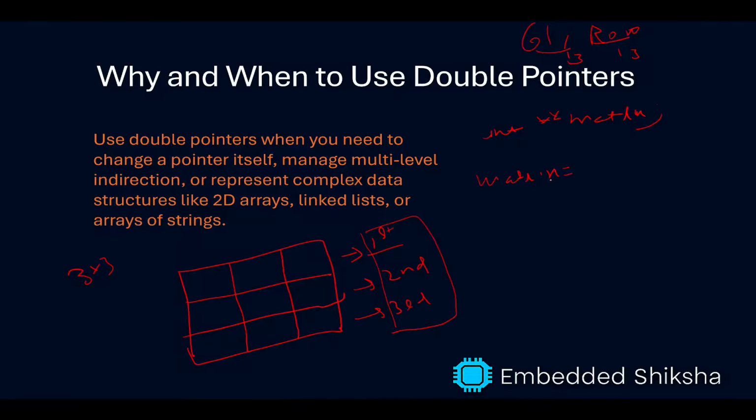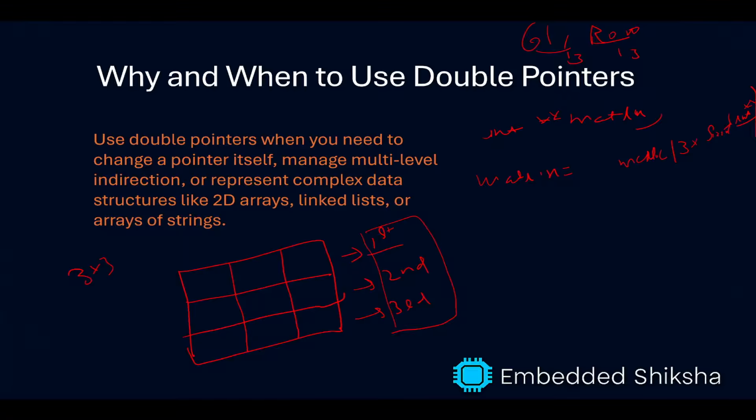So what I'm doing here is matrix, and then I'm doing malloc, 3 into sizeof integer star. Please note it here, I am allocating size of integer star. Obviously it will be equal to the size of integer on a 32-bit machine, but still I am giving the size of integer star here.